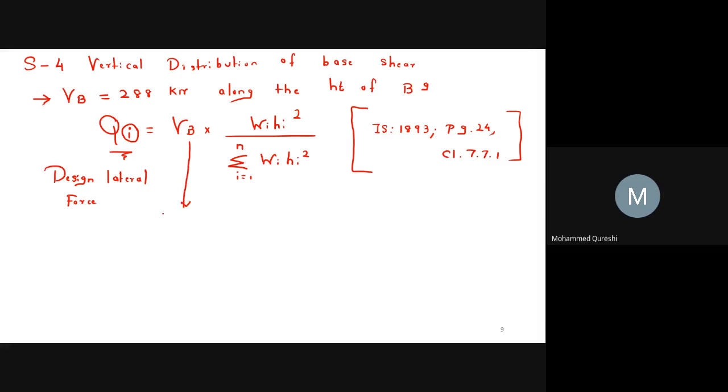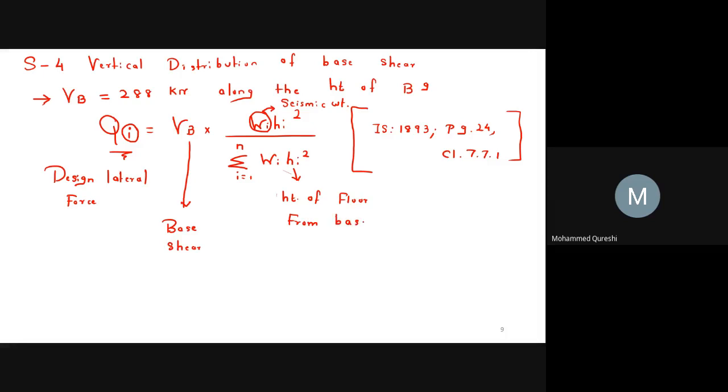Next, VB equals base shear, Wi equals seismic weight of floor i, and Hi equals height of floor from base.